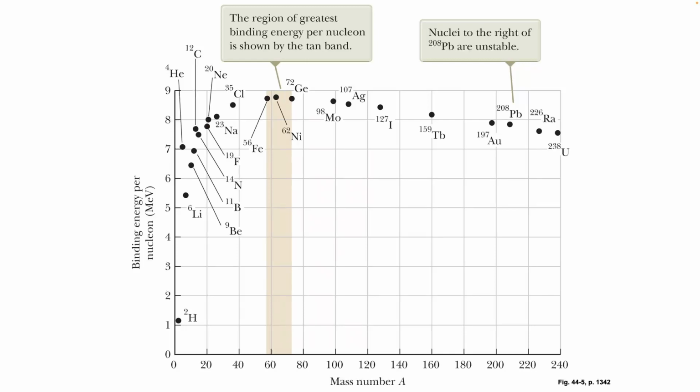As you can see, binding energy per nucleon is very low for hydrogen, and then very quickly, as we go up the periodic table, it rises to a peak value around iron 56 and nickel 62. Iron 56 and nickel 62 are the isotopes that have the largest binding energy per nucleon of anything.